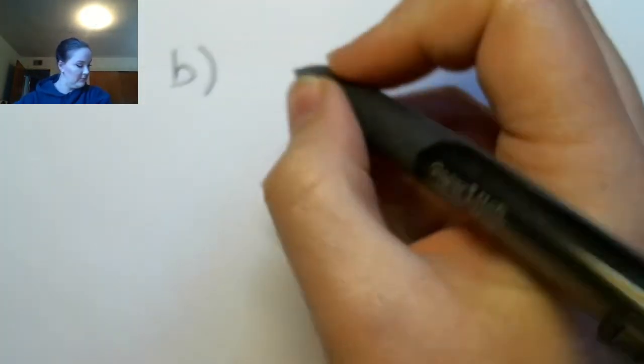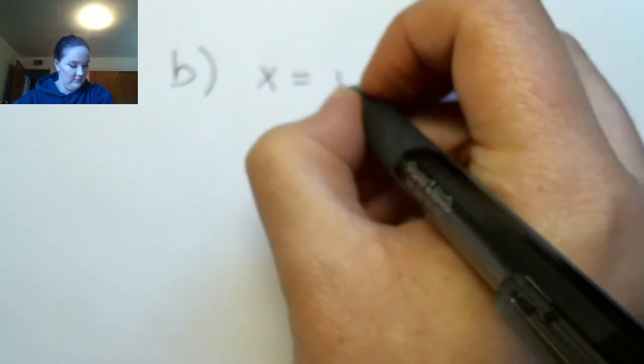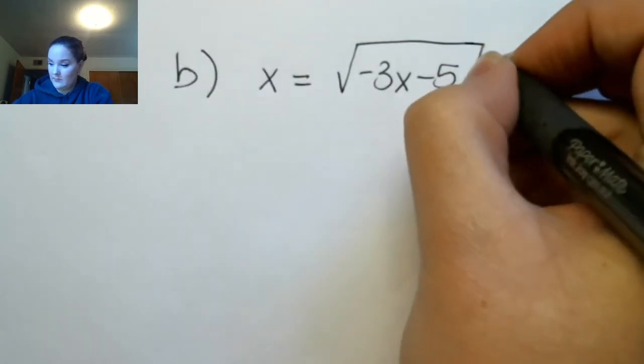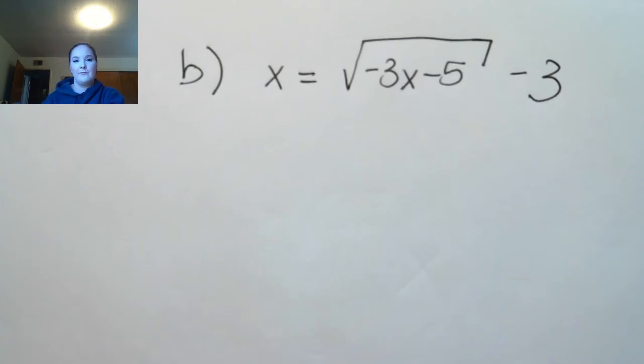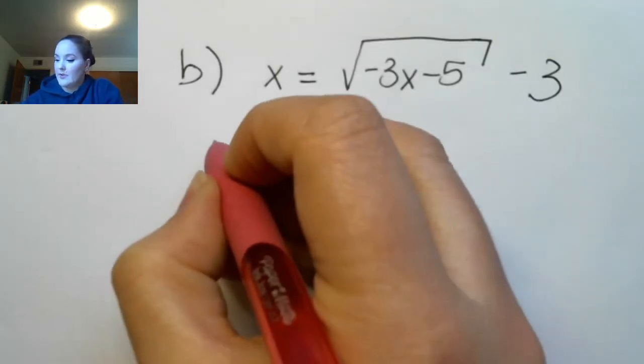Now let's see another example like this. The first thing I'm going to do is isolate the square root by adding 3 to both sides.